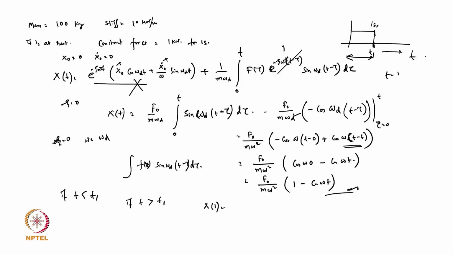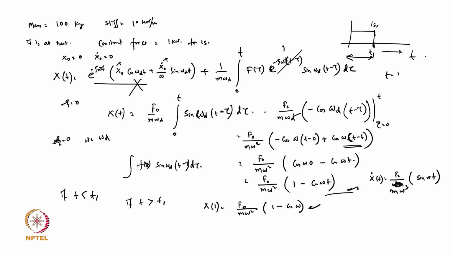So simply you can also see it this way, that we can put t equal to 1. So you can calculate f0 by m omega square into 1 minus cos omega. So that will be my displacement at this point. And you can also calculate the velocity. x dot of t will be f0 by m omega square, 1 will go and cos will become sine omega t, that will be 1 by, so this will be cube.